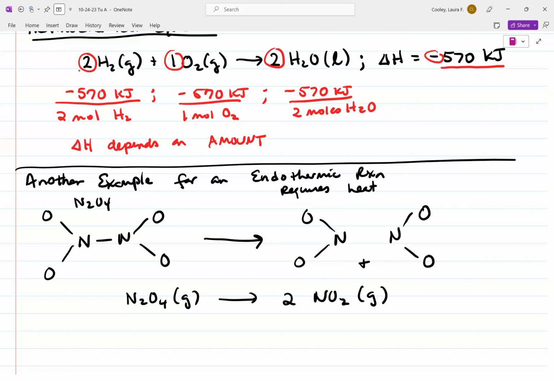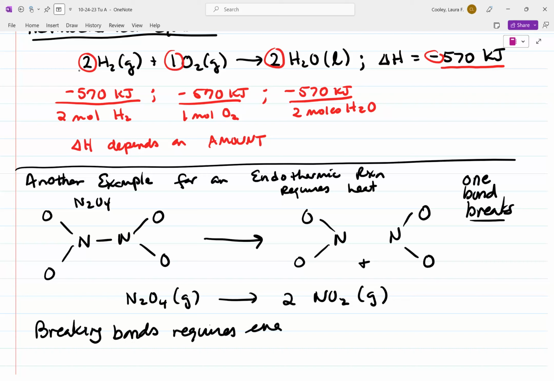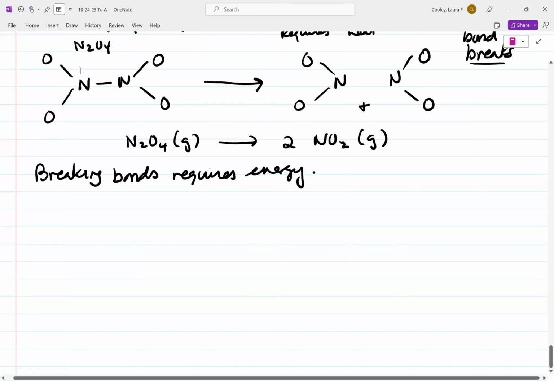Yeah, basically all that's happening is that one bond breaks. Breaking bonds in general requires energy. Okay, so I know this is going to be endothermic. So the diagram for it would look like this.